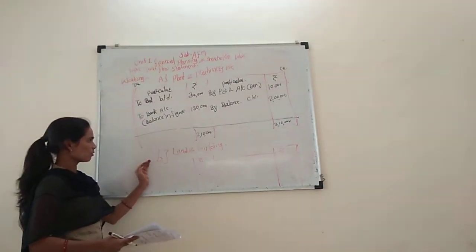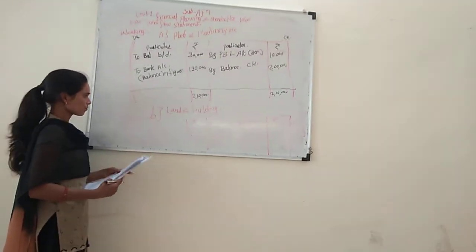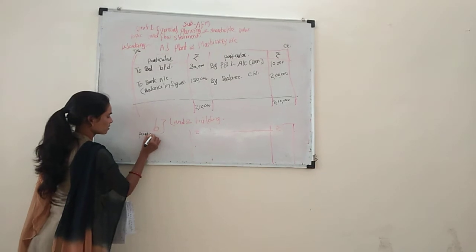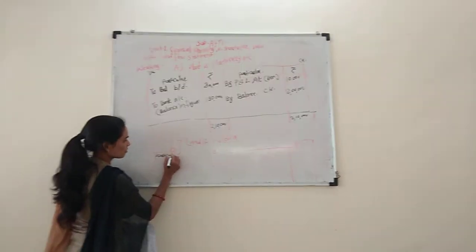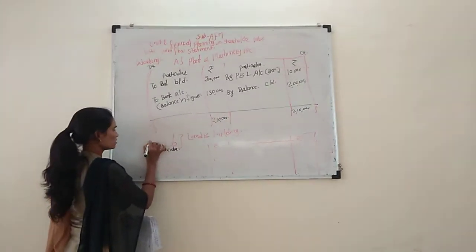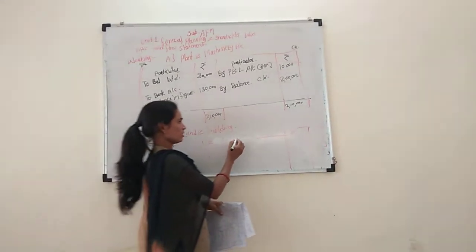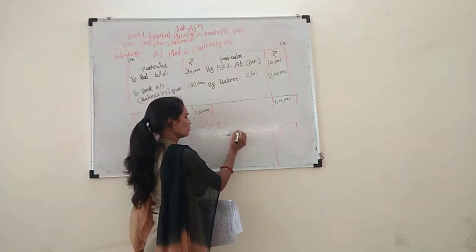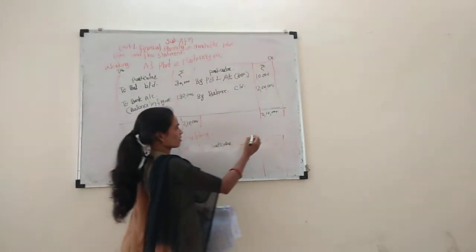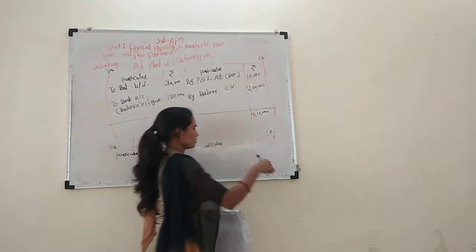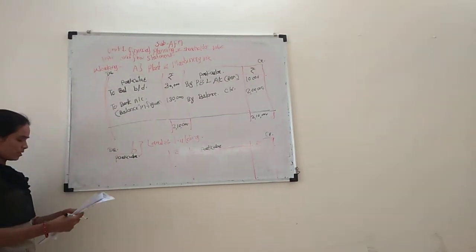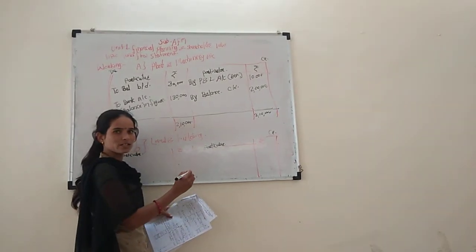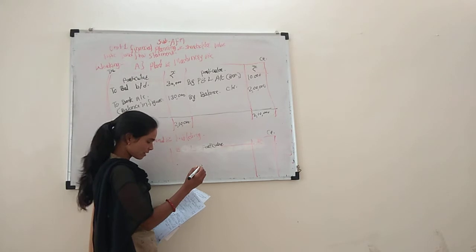Show the next account, next working on land and building. This is the debit side and this is the credit side. Show the by profit and loss account, which means additional information is depreciation 20,000.